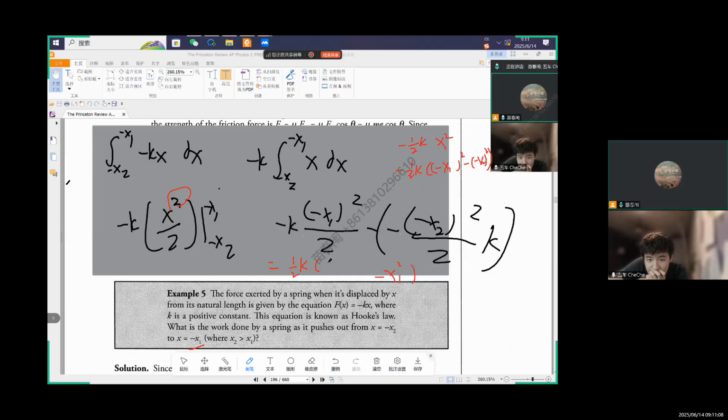In your case, it's negative x2 squared. Oh, I forgot the negative part here. Would that change anything? I don't think so, because that's still true anyway. You have to substitute negative x2, negative x1. Yeah, that's okay.